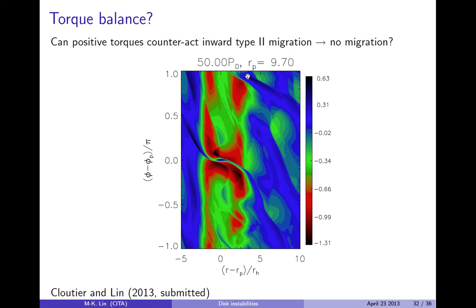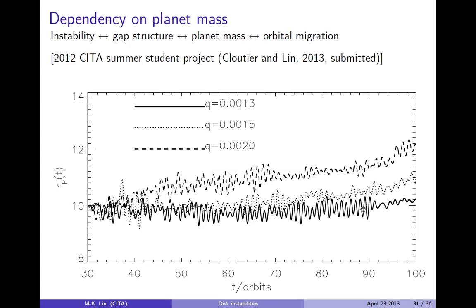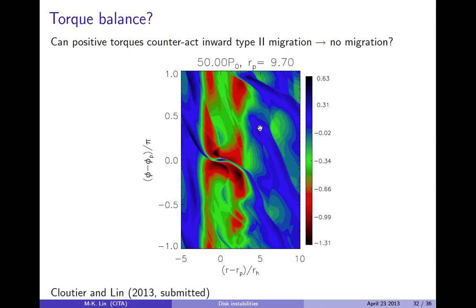But these spiral arms, due to this instability, are providing a positive torque. So in this particular case, the 1.3 Jupiter mass planet, we thought maybe we've reached some sort of balance between the positive torques provided by the unstable spiral arms and the typically negative torques provided by these wakes.